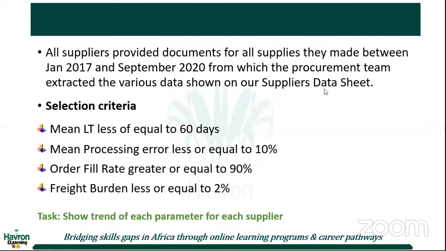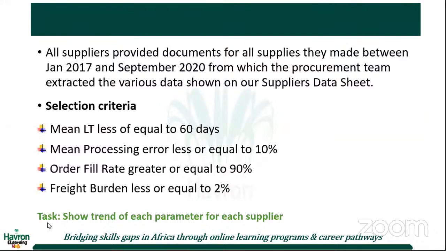Okay, so these are the selection criteria. One, the mean lead time should be less than or equal to 60 days. The mean processing error should be less or equal to 10%. The order fee rate should be greater or equal to 90%. And then the freight burden should be less or equal to 2%.